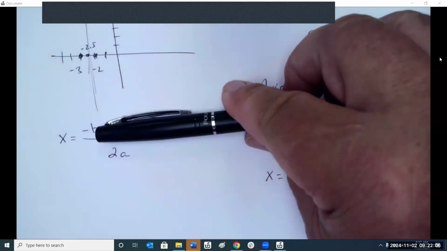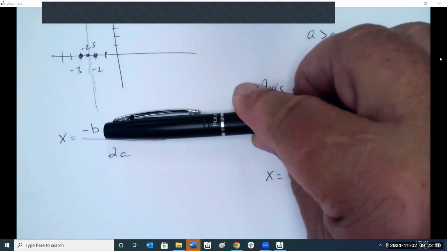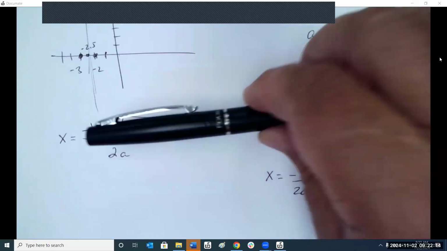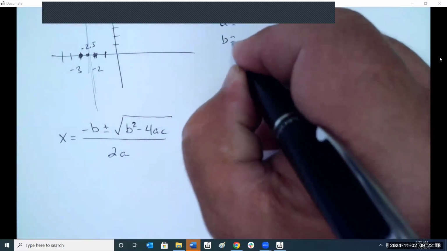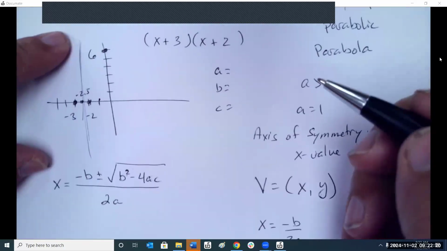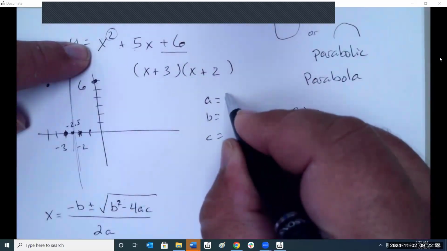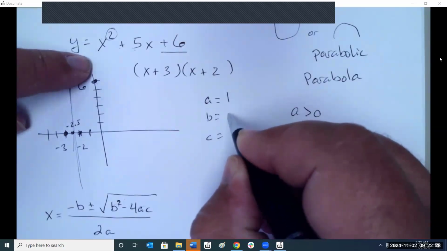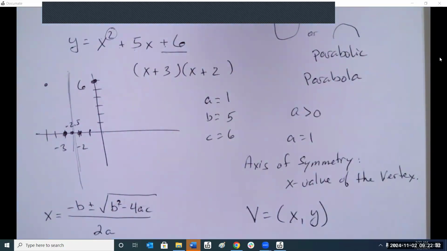So get rid of this part. That is the axis of symmetry. So what is A, what is B, and what is C in our equation? A, B, and C have to be numbers, no letters.